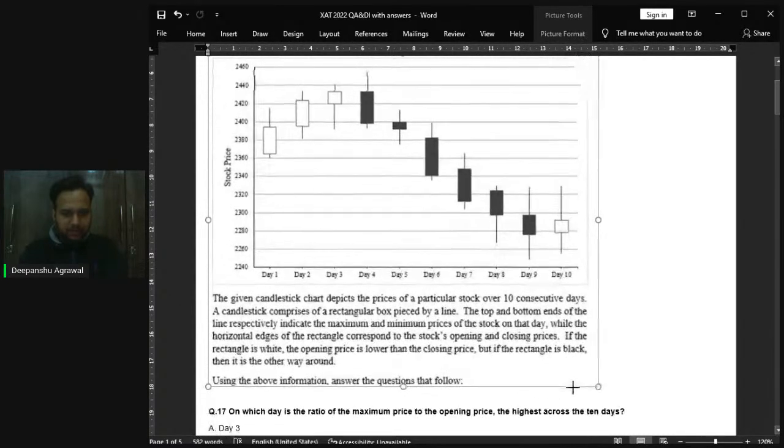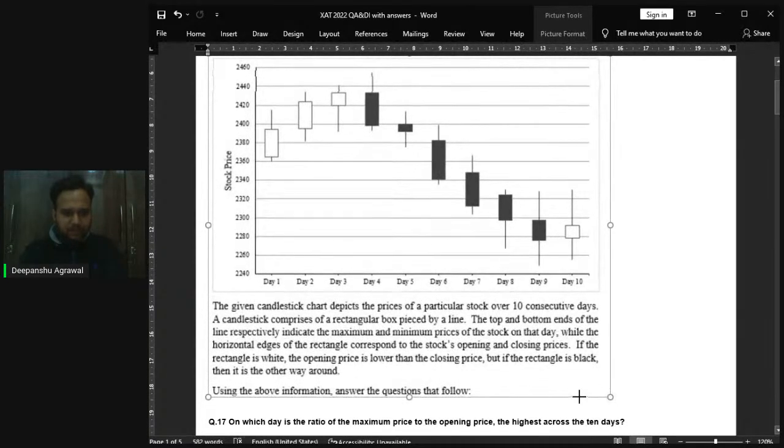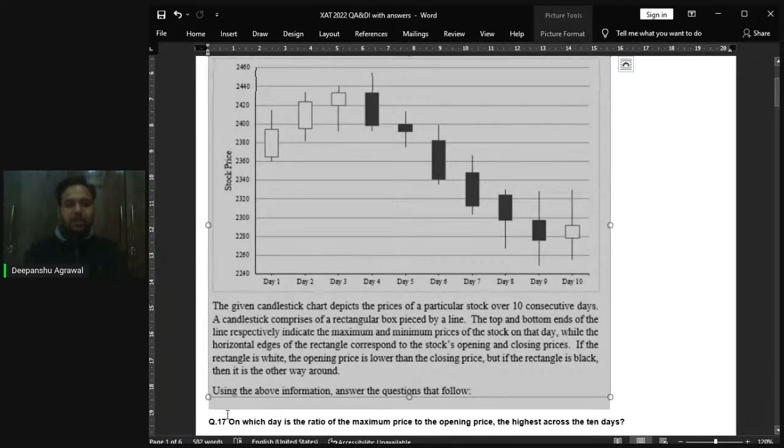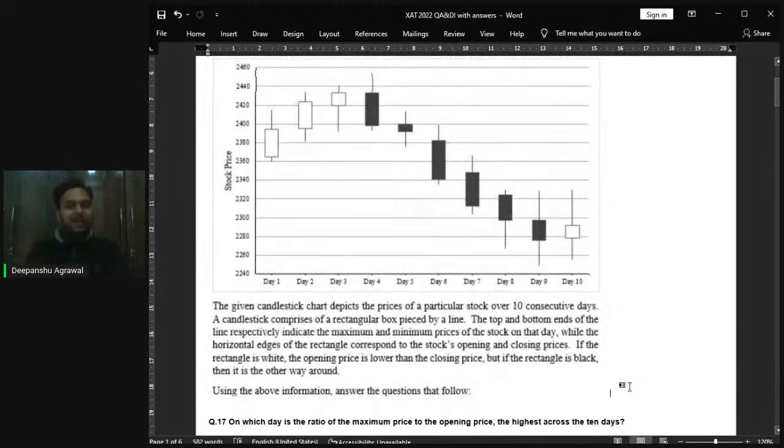Okay, let me increase the size. We'll see the options later. First of all, we'll try to see the data only. In the questions of data interpretation, you need to understand the data very well.